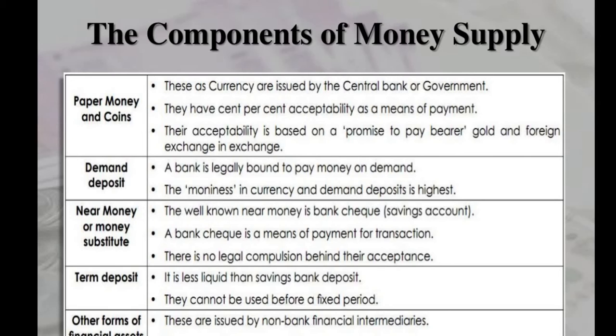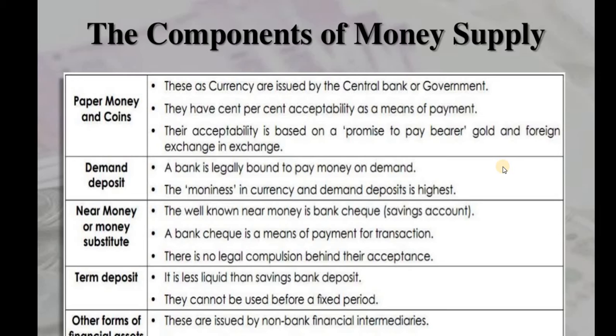Currency notes, paper money and coins, are issued by the central bank. They have full acceptability as a means of payment. Their acceptability is based on a promise to pay the bearer gold and foreign exchange in exchange. If we give it anywhere in India, that note is acceptable. That is the specialty.